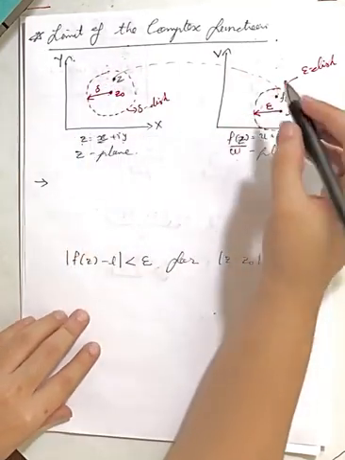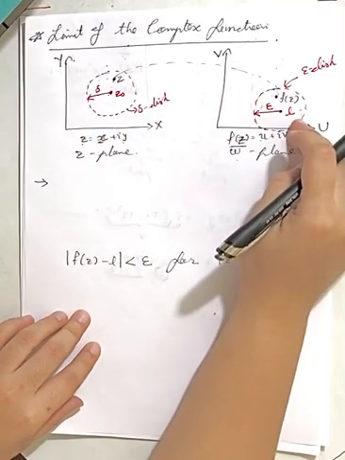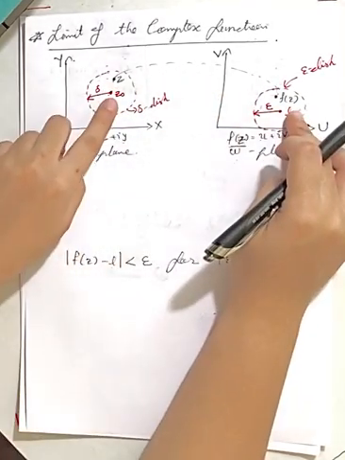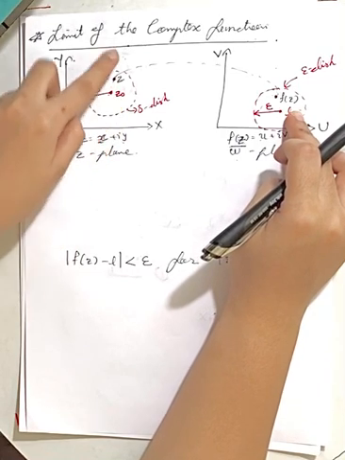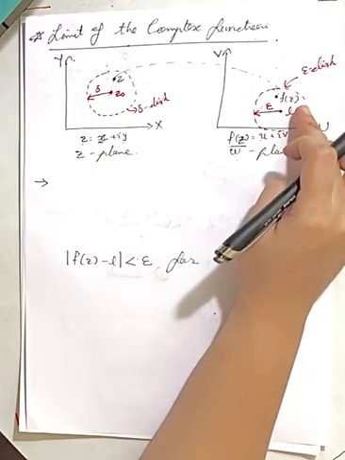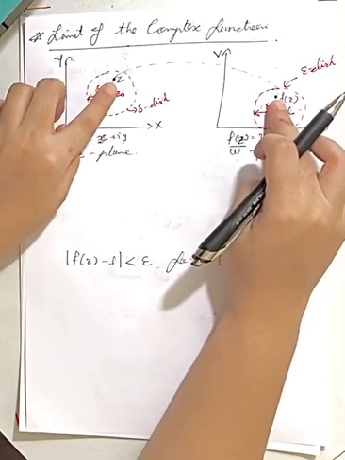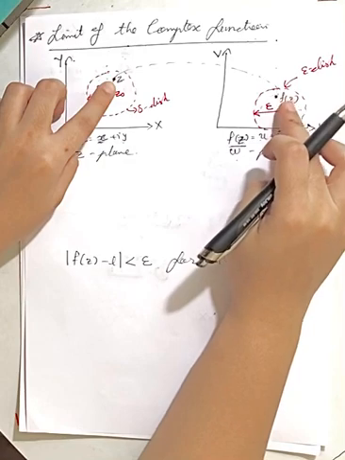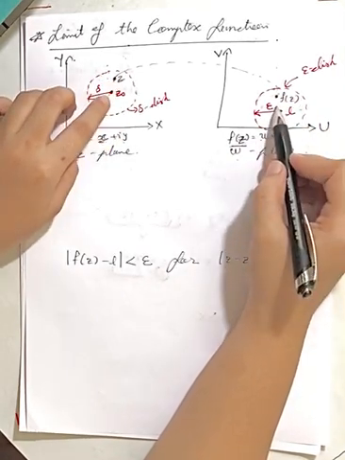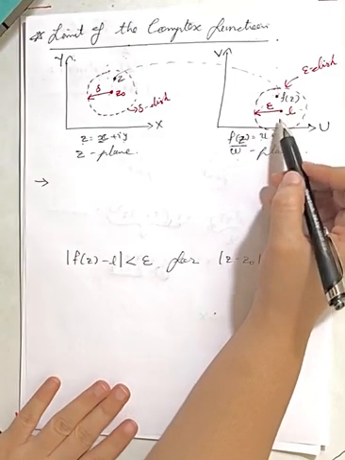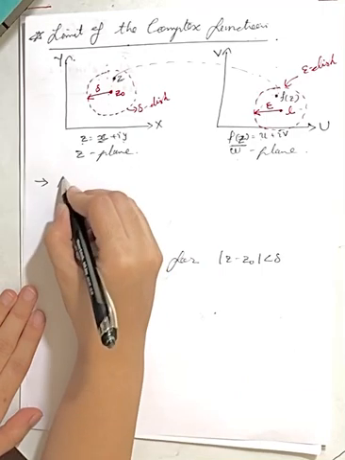That means f of z and z, both of them, should be within their own disk. z should be within the delta disk, it cannot be outside this region, and f of z should be within the epsilon disk. If both the z variable and the corresponding function are within their own region, then the limit will come true and f of z will tend to L.